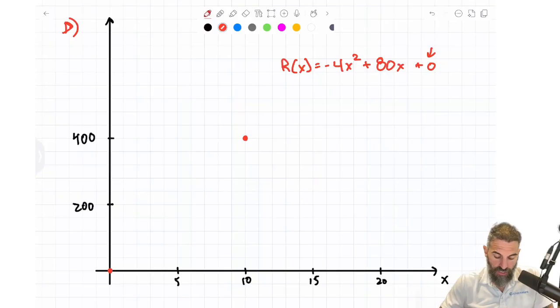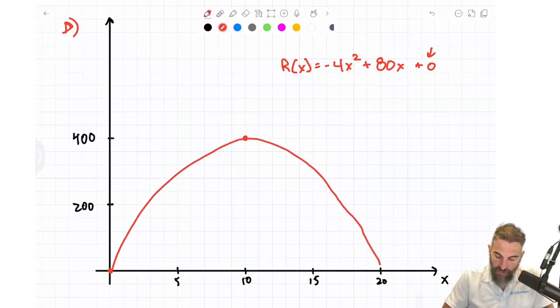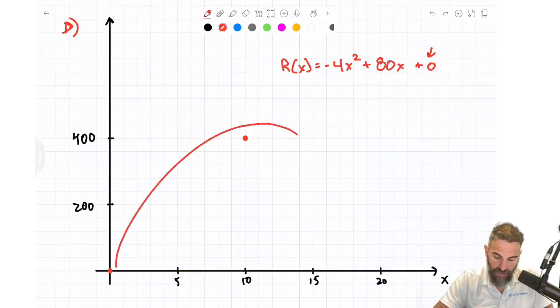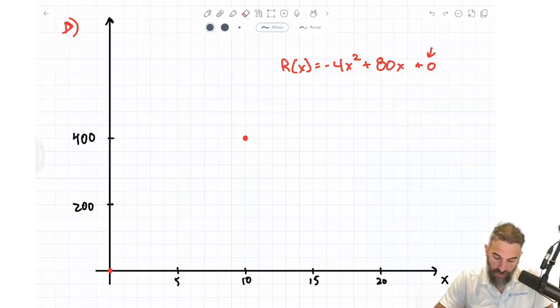The other time, and a parabola is symmetrical, I know that this is going to come up and then come back down. So it's going to cross here and then come right back down and hit directly on the 20. I think with the iPad I'm able to make a parabola if I could just get it to work. Okay, well, I give up on that.